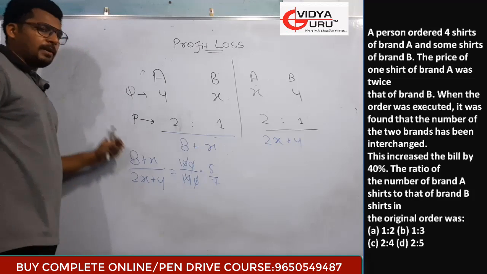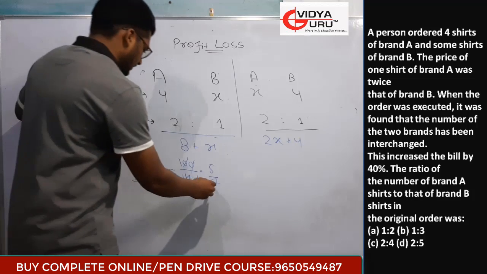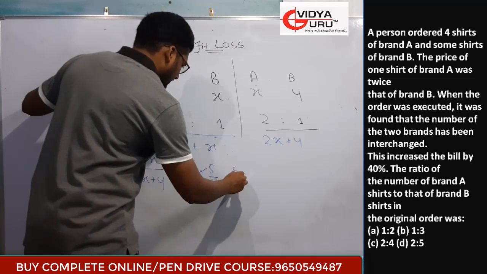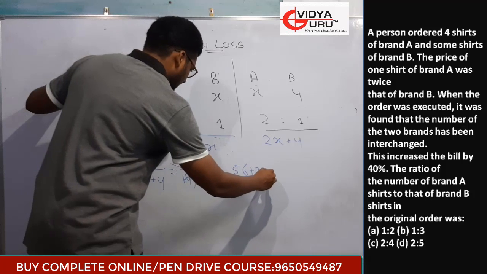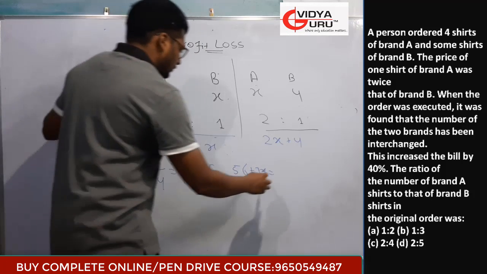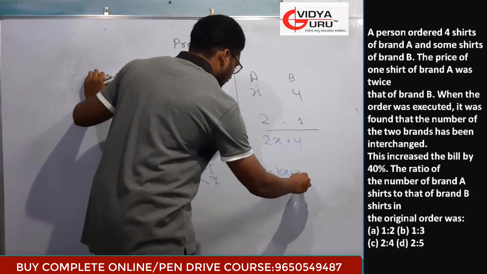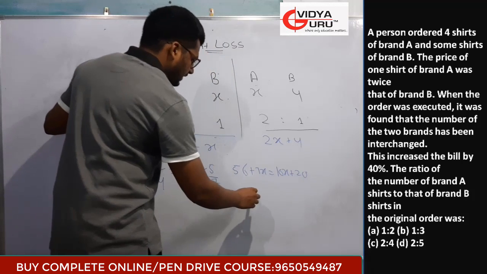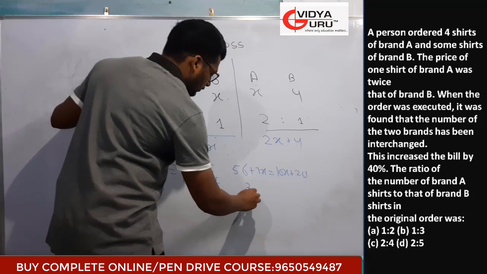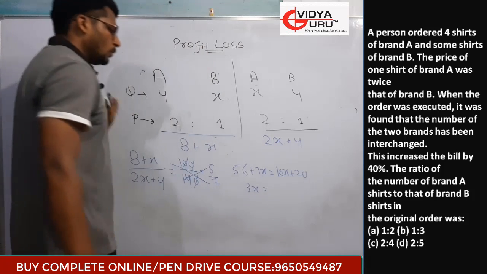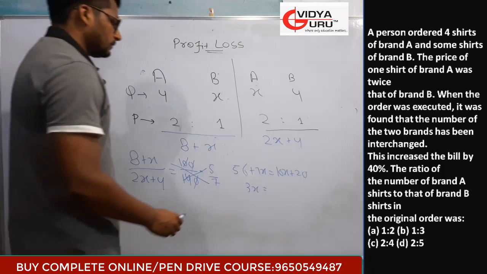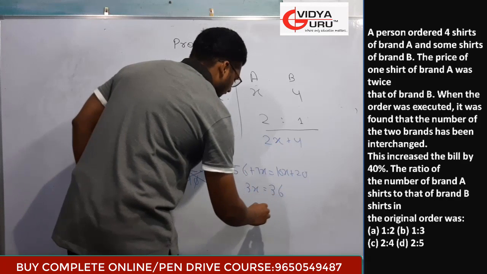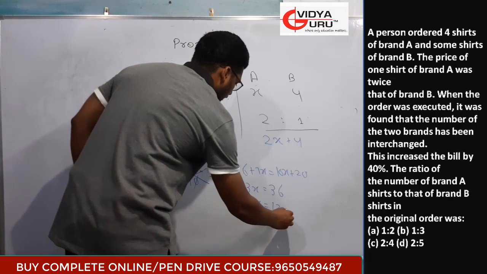Now by cross multiplying, we can find the value of X. 7 8s are 56 plus 7X will be equal to 5 2s are 10X plus 5 4s are 20. 3X will be equal to 36. X will be equal to 12.